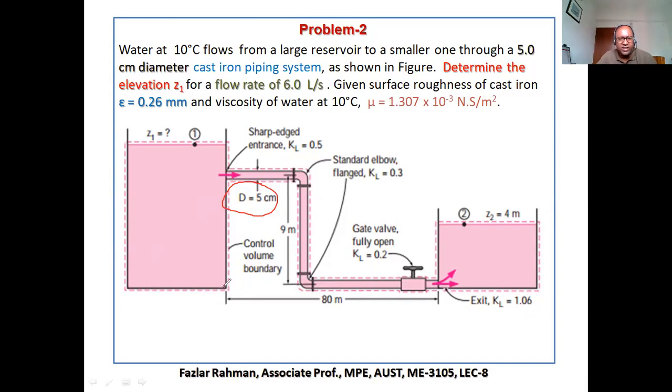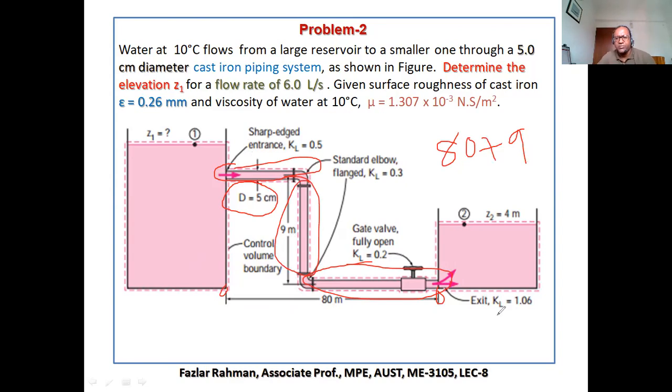The bottom dimension, the distance from here to here, is given as 80 meter. 80 meter means 80 times 3 feet, 240 feet, a little bit far away. And what is this height? 9 meter. So the total pipe length will be this length plus this length. This is 80 meter already given, plus this vertical height, so the length of the pipe will be 89 meter.